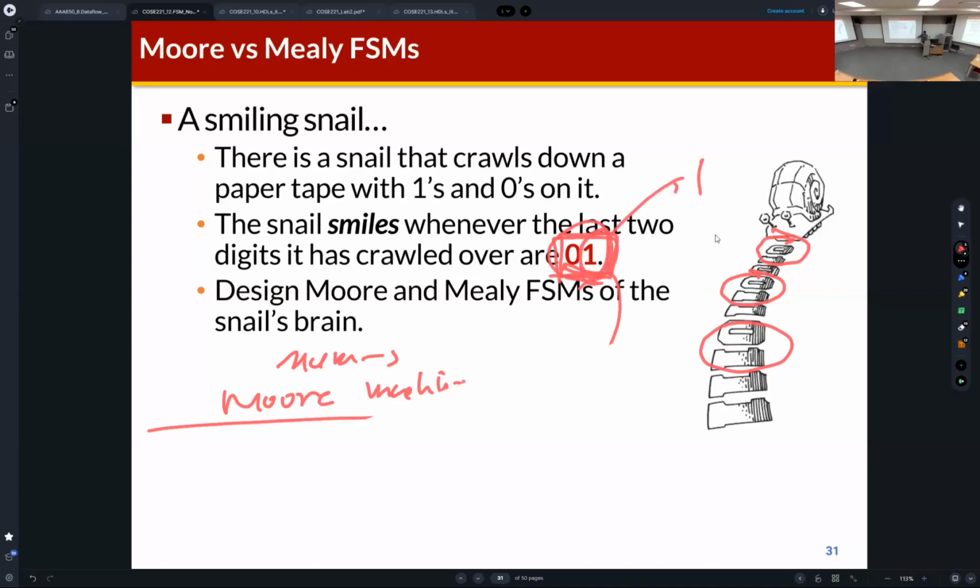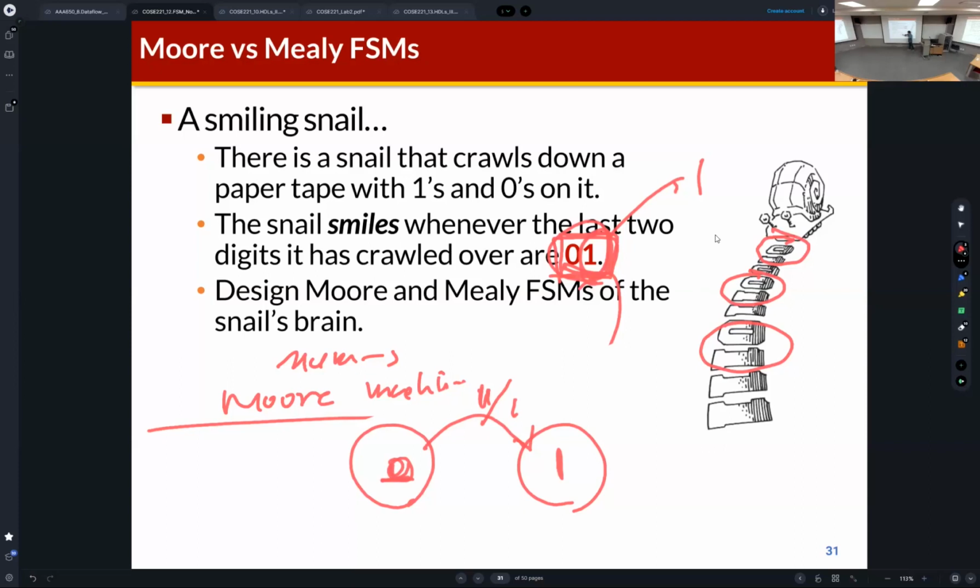Which means if the previous state is 0, it means that the previous input is 0. In this state, if the input is 1, then the state is changed, which means that the previous input is 1. But when the state is changed from 0 to 1, then the output becomes also 1 because we can detect the 0, 1.